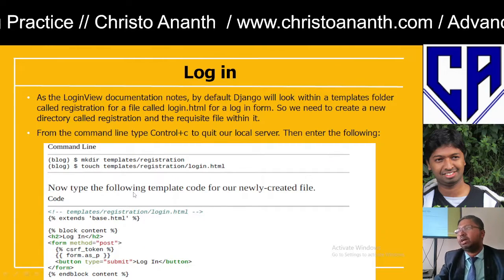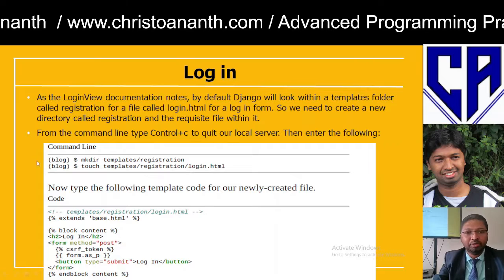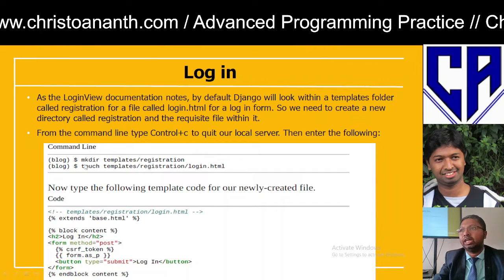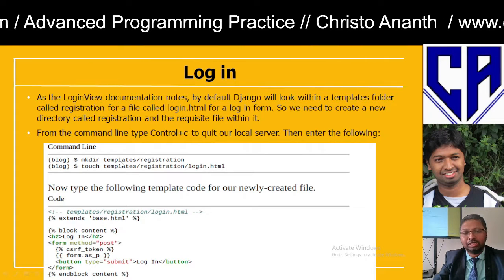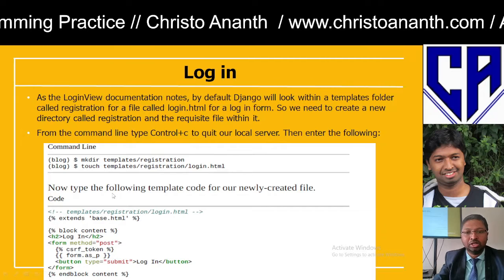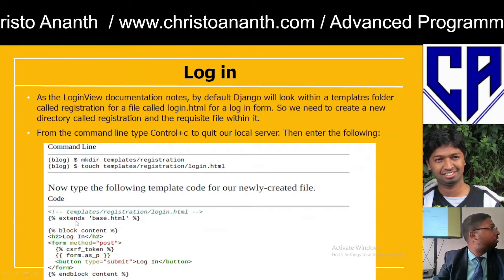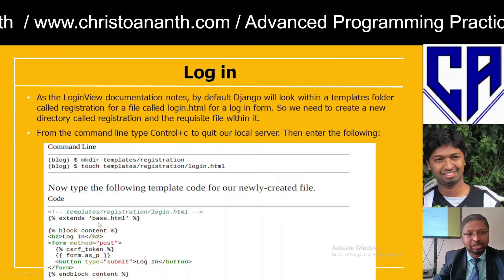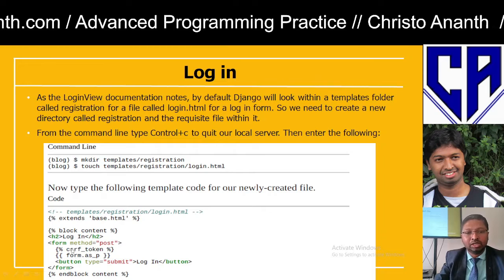Whenever we start up with the features, we quit the local server by pressing Ctrl+C, and then we first of all create the directory. It is mkdir templates/registration, and now we are going to start with the login.html feature. Just like in your previous cases, we are going to have extends base.html, and we are going to start with the second level of subheading, which is login.